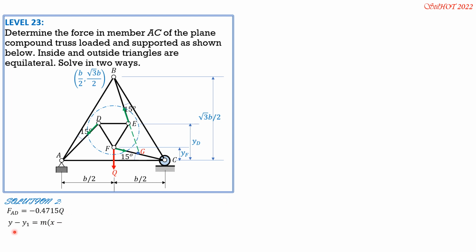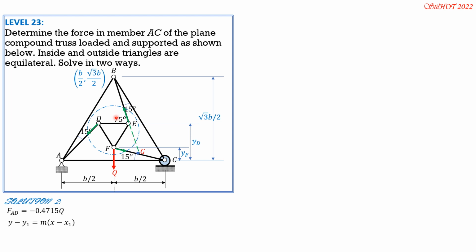So this is the point slope form of equation of line. Y minus y1 equals slope of the line quantity x minus x1, where the slope of the line is the tangent of the angle it makes with the positive x-axis, counterclockwise positive. Or if it is clockwise, then make the angle negative, tangent of the negative angle. Remember from trigonometry.